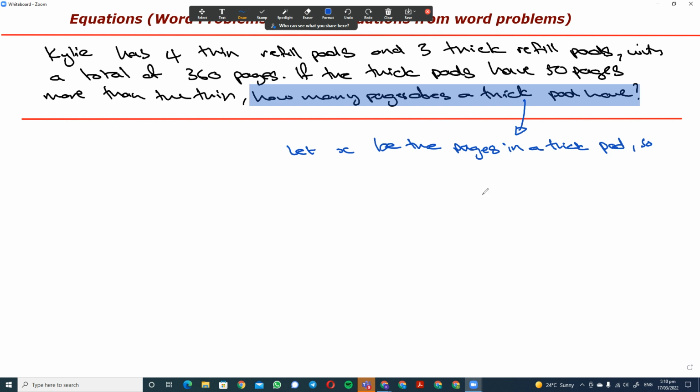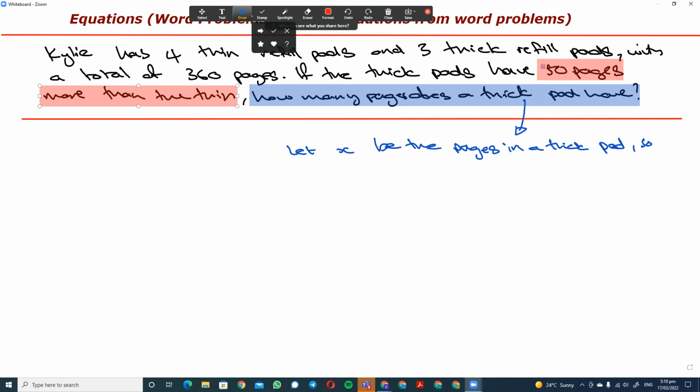If we have that, we can also see from the question, thick pads have 50 pages, all right? How many pages does a thick pad have? Okay, I probably wrote that incorrectly. Let me just double check that. Okay, so if the thick pads have 50 pages more than the thin, can you see that? 50 pages more than the thin.